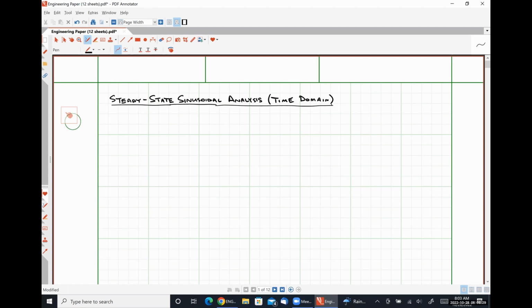So what we're going to do is analyze the following circuit.